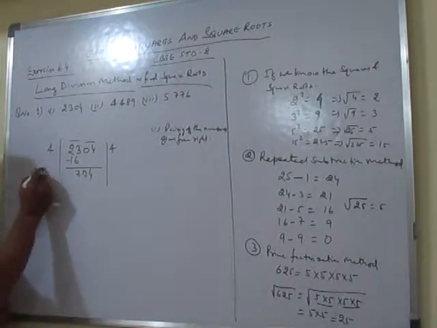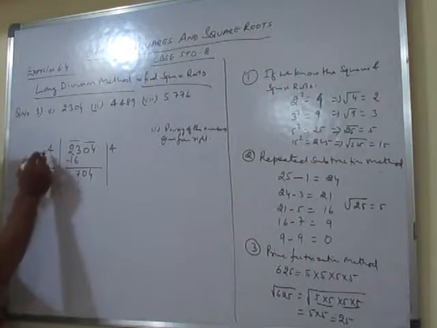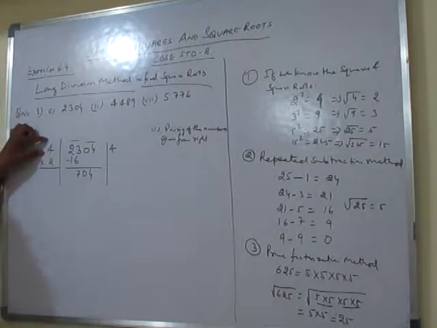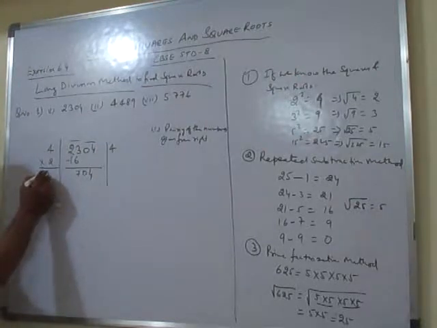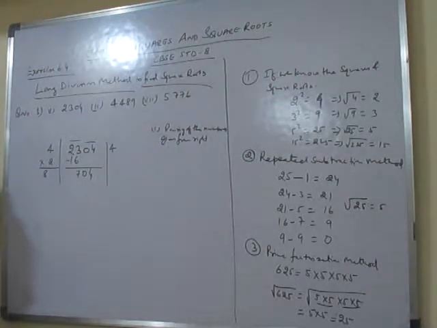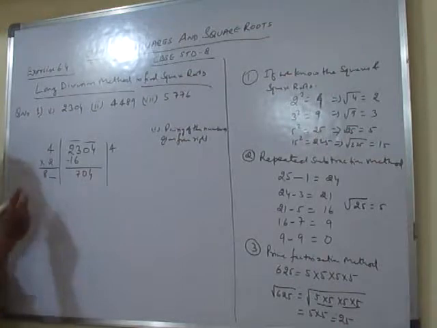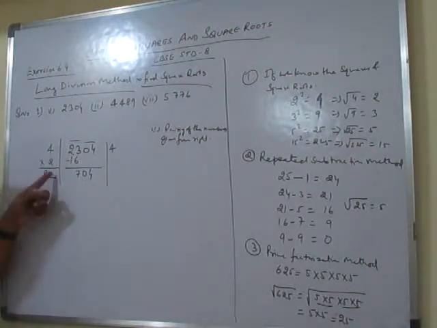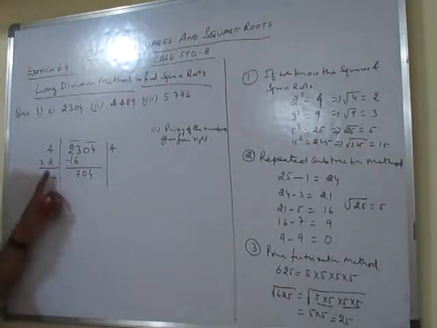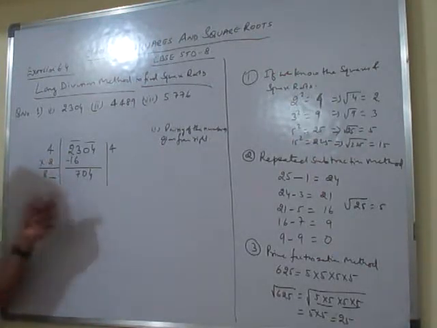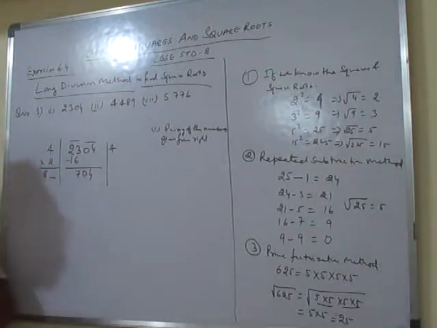Now what I told you, we have to double this one. Doubling, it is becoming 8 now. And we are putting a dash here for what we are going to fill here. Now see, it is always better to think about what we will be putting here and multiplying so that we can get 4 at the last digit.